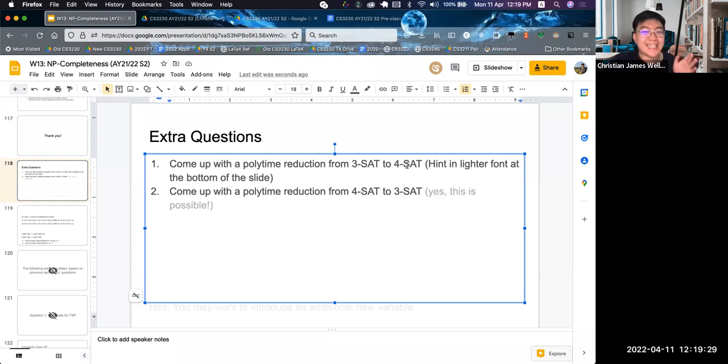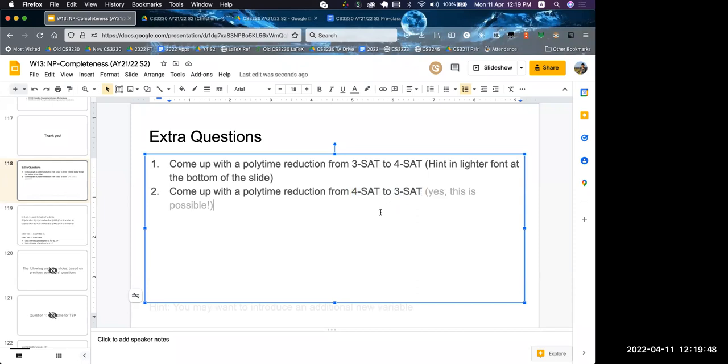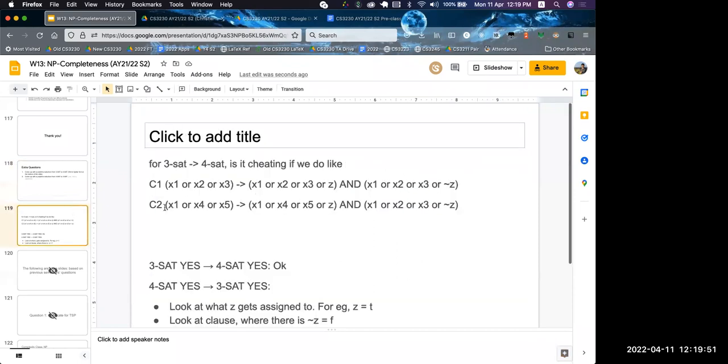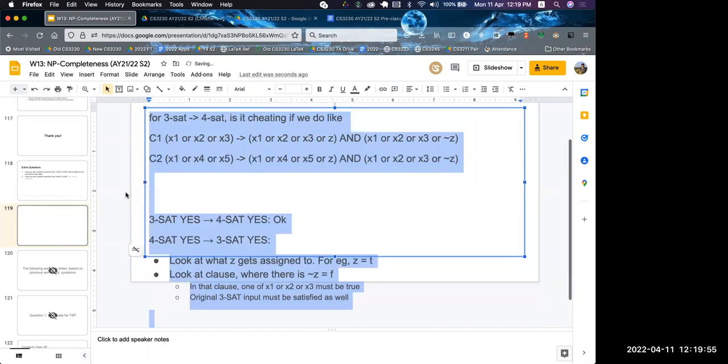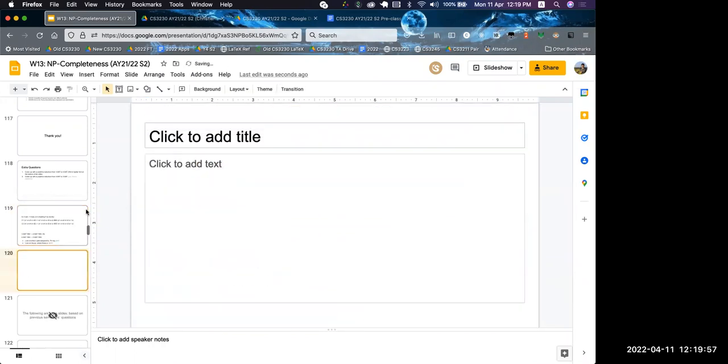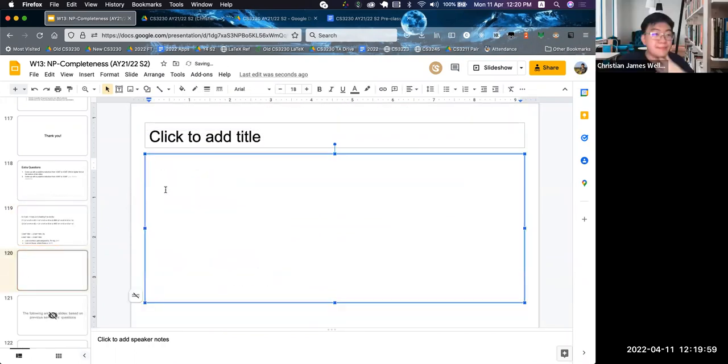So that student was asking me, can you come up with a reduction from 4-SAT to 3-SAT? This is a bit mind-boggling, because in a sense 4-SAT should be a more difficult problem. But because they are all NP-complete, there actually exists a reduction from 4-SAT to 3-SAT. You can probably expand them somehow, so you rewrite it such that one 4-SAT clause can be composed of multiple 3-SAT clauses. Yes, exactly, that's the idea.